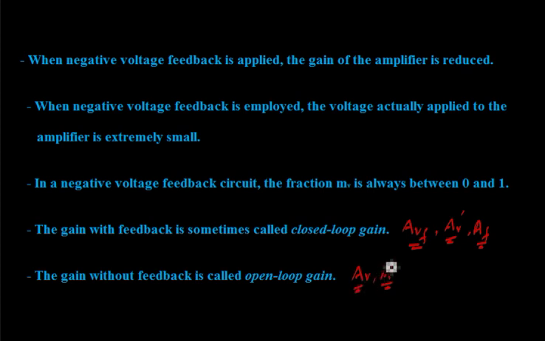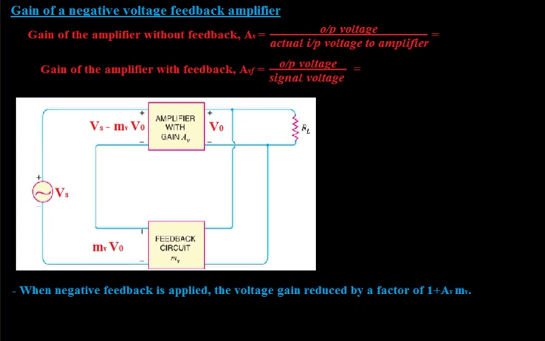So these are the important points which we have to keep in mind when discussing a feedback circuit or a feedback amplifier. Now we have to obtain an expression for the gain of a negative feedback amplifier. For that, consider an amplifier circuit shown here.